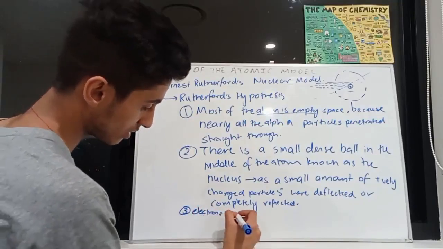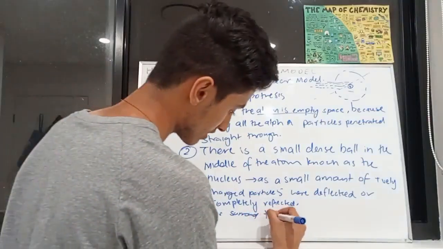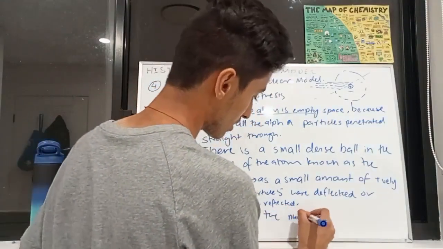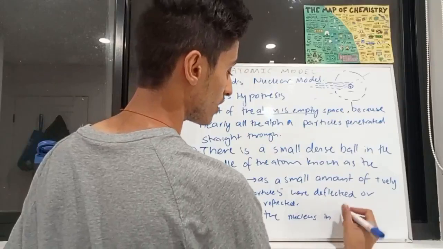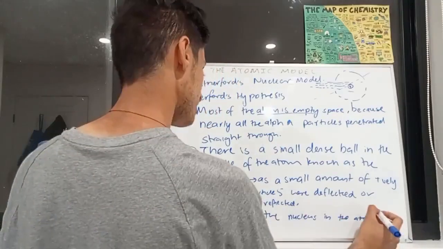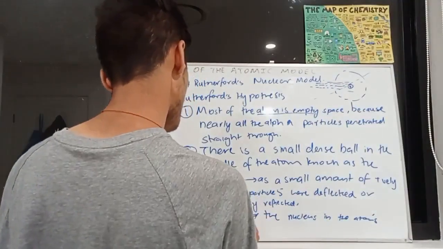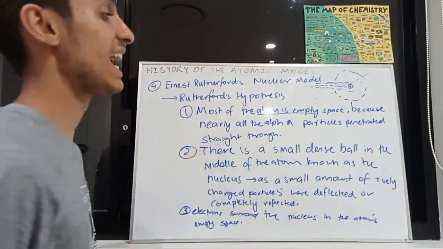electrons surround the nucleus in the atom's empty space, which is what makes the atom neutral.